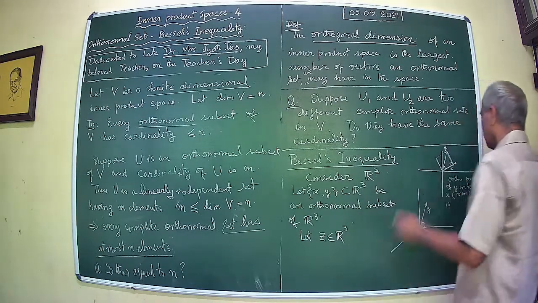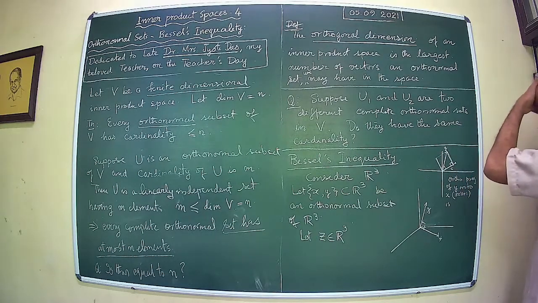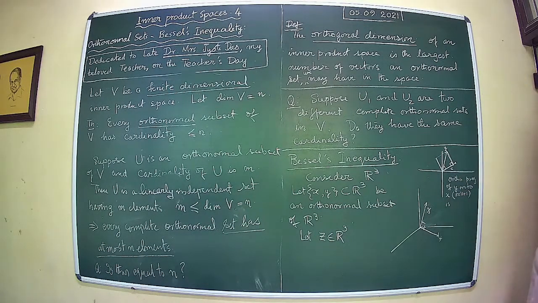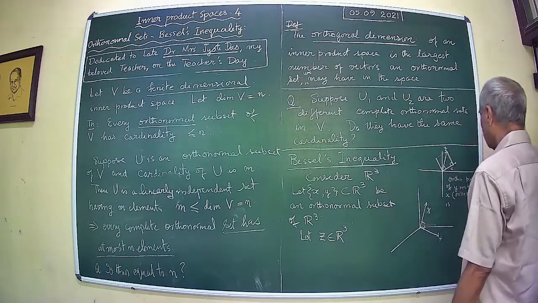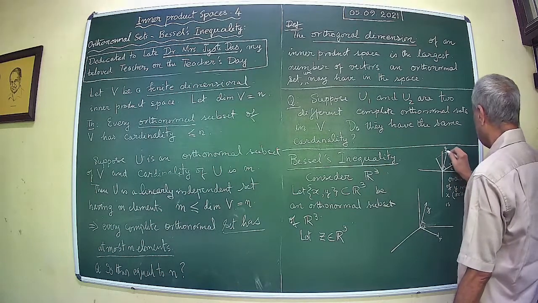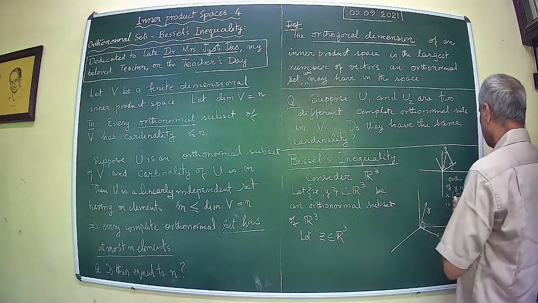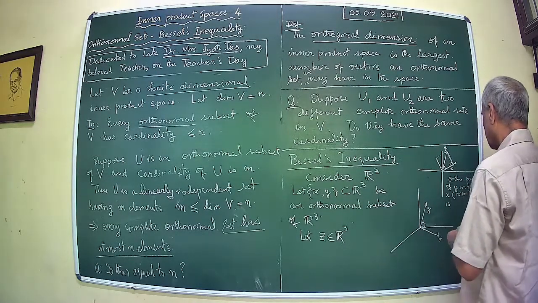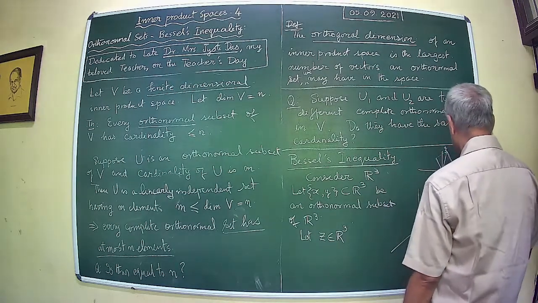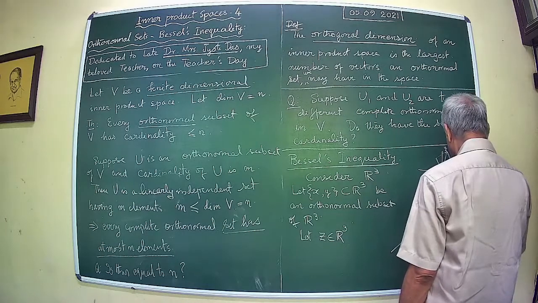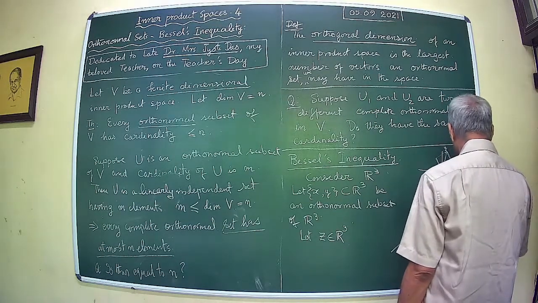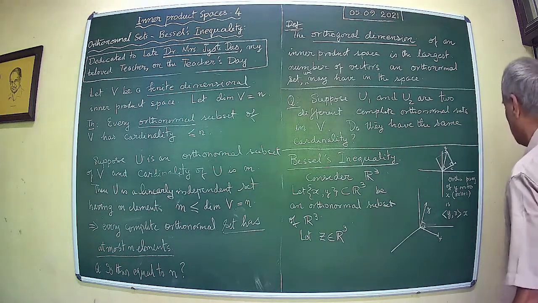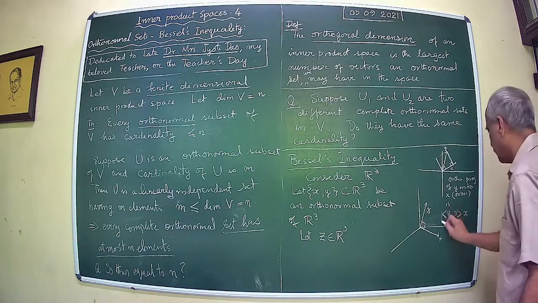So you take y and remove from y this projection. This is given by this particular vector.